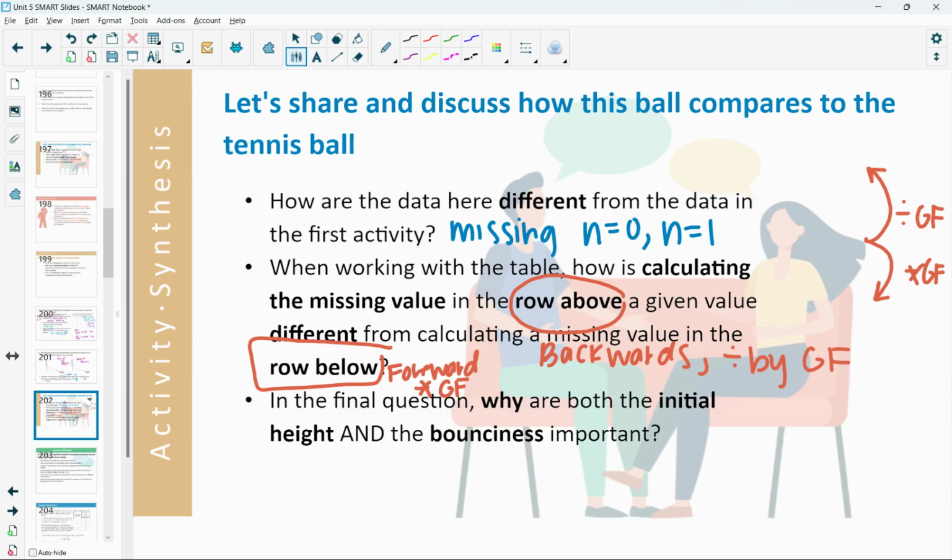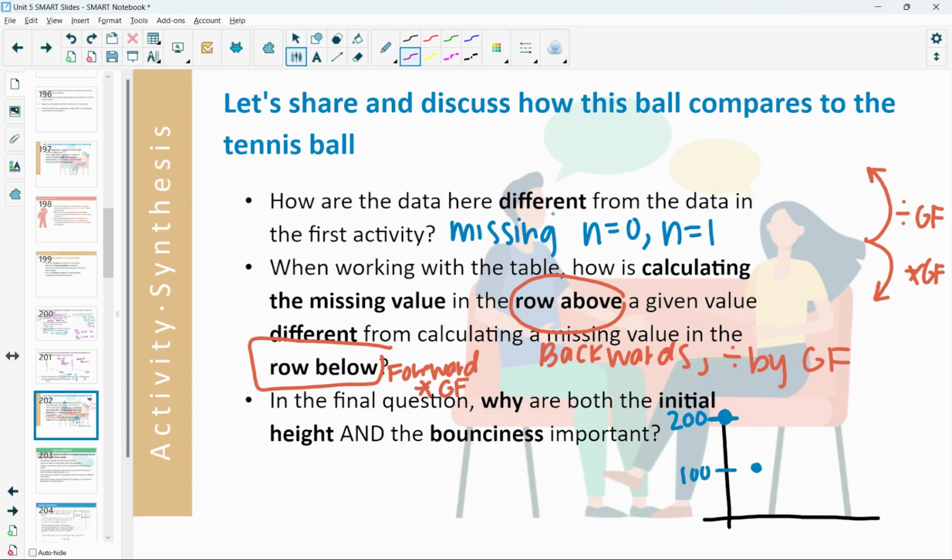And then in the final question, why are both the initial height and the bounciness important? Well, if you started a ball at like 200, and then dropped it and it hits half its bounce, right? So let's say it keeps 50% of its bounce, then at this second one, it's going to be at 100.